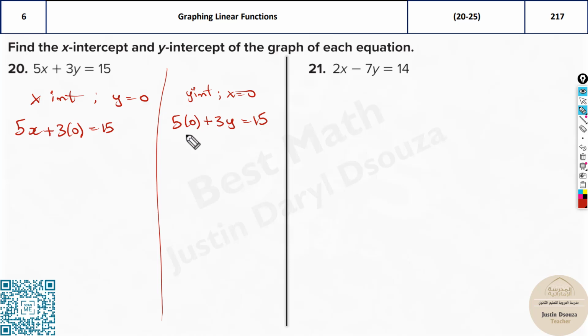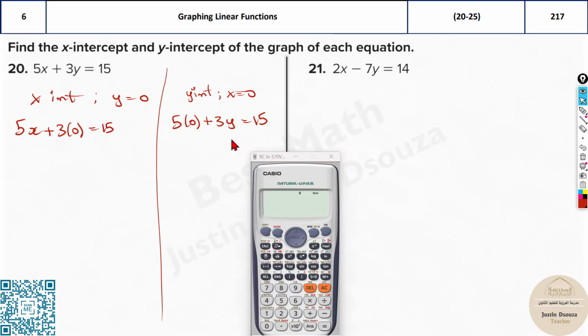Now I'm not going to solve this manually. This becomes 0. Divide everything by 5, x is 3. But if it's a complicated equation, and since it's multiple choice, I'll show you the calculator method. This much is compulsory, a must for any problem to find x and y intercepts. Now all you do is write 5x plus 3 times 0 equals 15 as it is.